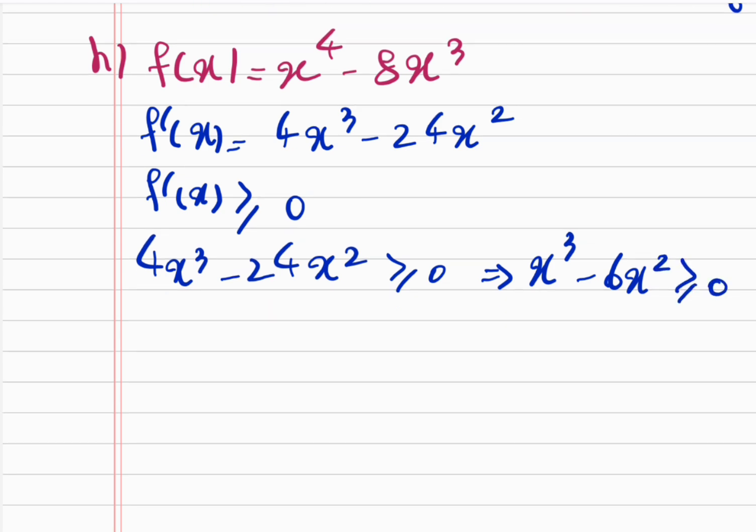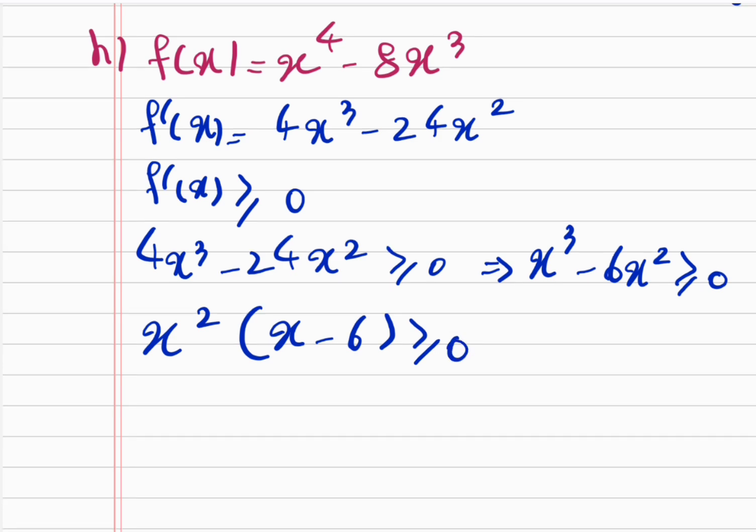Now let's factorize. So we can take a factor of x squared, then we'll have x minus 6 is greater or equal to 0. And now the solution to this inequality is x is greater or equal to 6, because it might be tempting to say that, okay, one solution is that x is equal to 0 and the other solution is x is equal to 6.